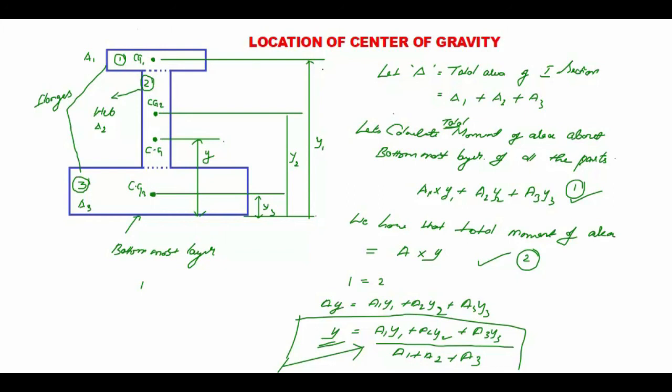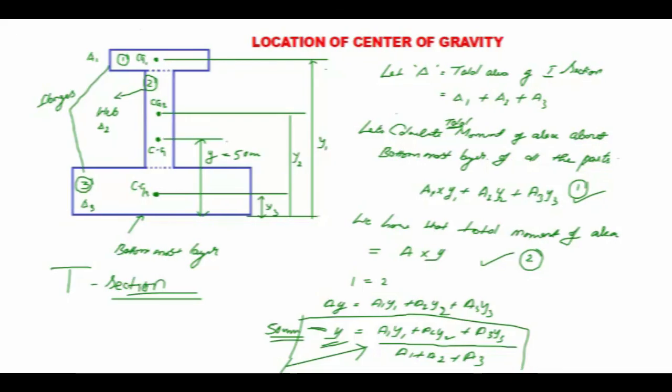For example, if y is 50 mm, that means the center of gravity of the I section is at a distance of 50 mm from the bottommost layer. This is how we find the center of gravity of any section, even a T section.